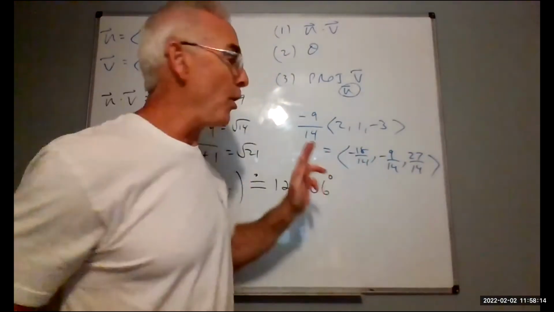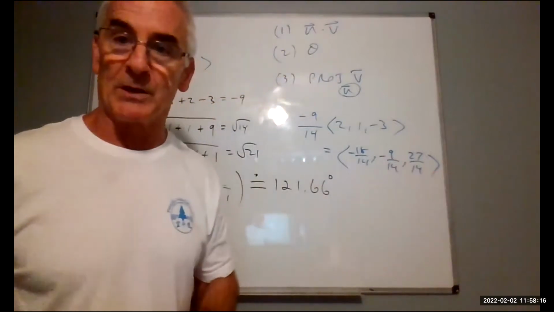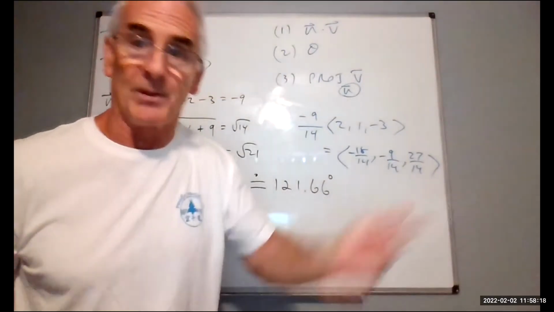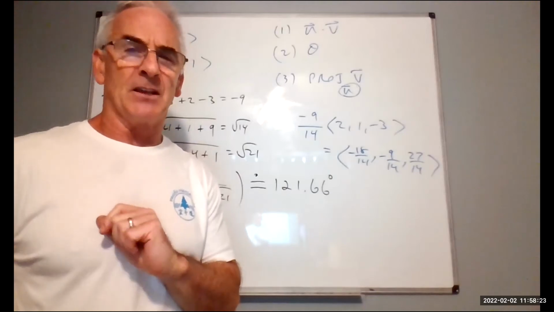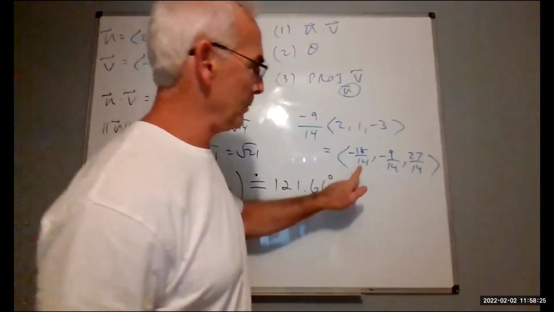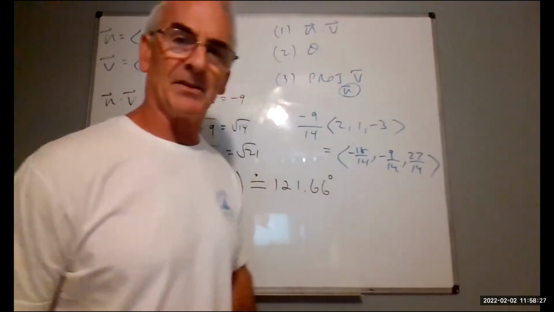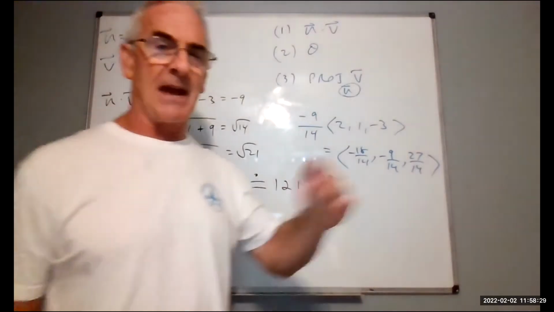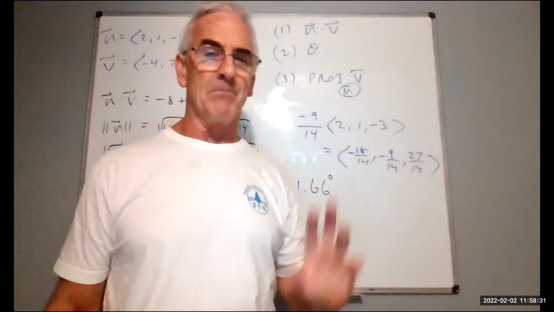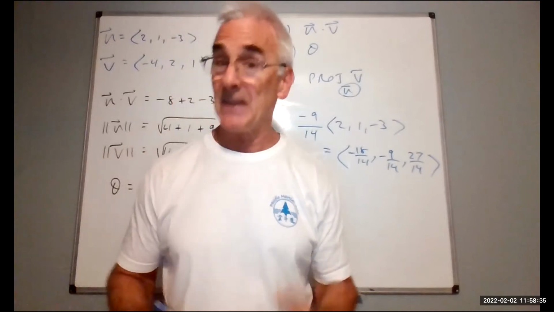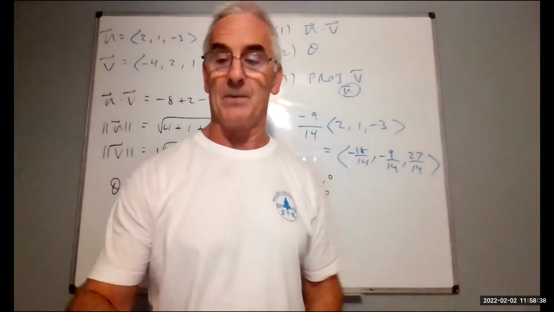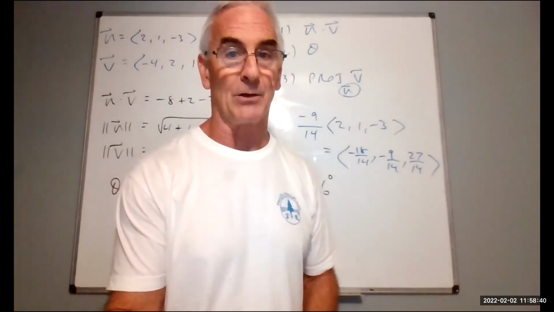Now, what if all 3 of these had even numerators and all 3 of them could be reduced? Well, no, then you would reduce it. Everybody got that? In this scenario, I'm probably better off doing this, simply because I'm going to have to use it later. Having multiple denominators in my vector doesn't make it easier on me. Yes, it might be technically more simplified, but that doesn't necessarily make it a better answer.